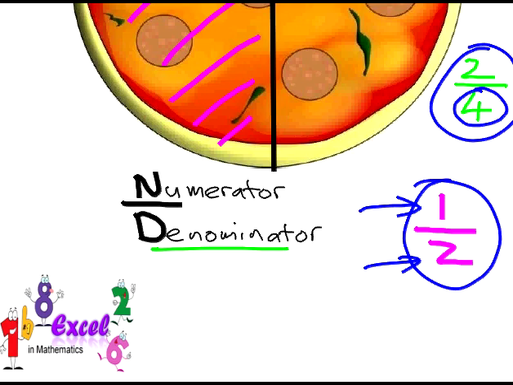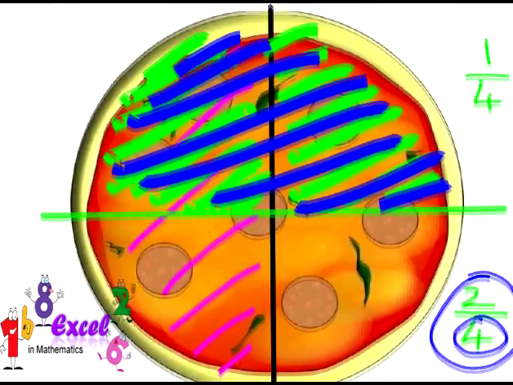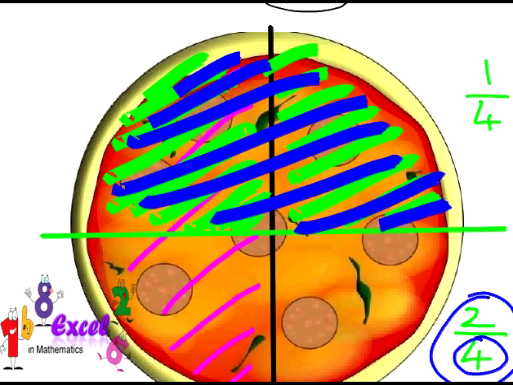So this then gives rise to a concept known as equivalent fractions, which you will learn about later on. But an equivalent fraction is a fraction which is written in a different way, but it has the same value. Half a pizza is half a pizza, whether it consists of 2 quarters of a pizza, 2 of those, or just 1/2, it still remains 1/2 of the pizza.